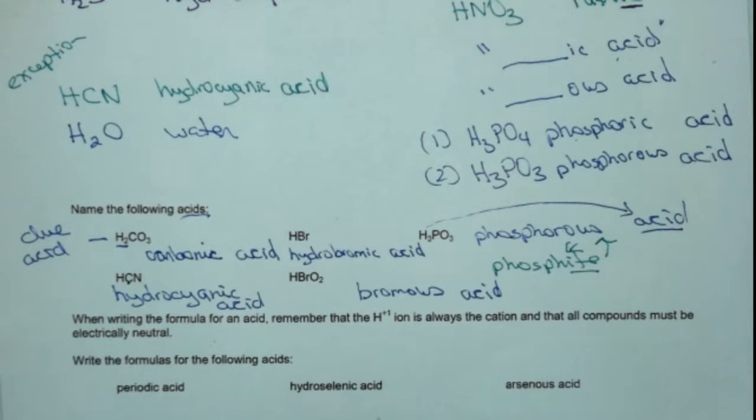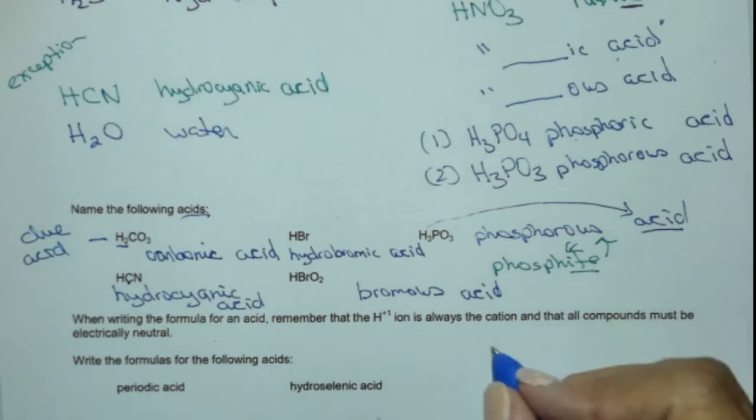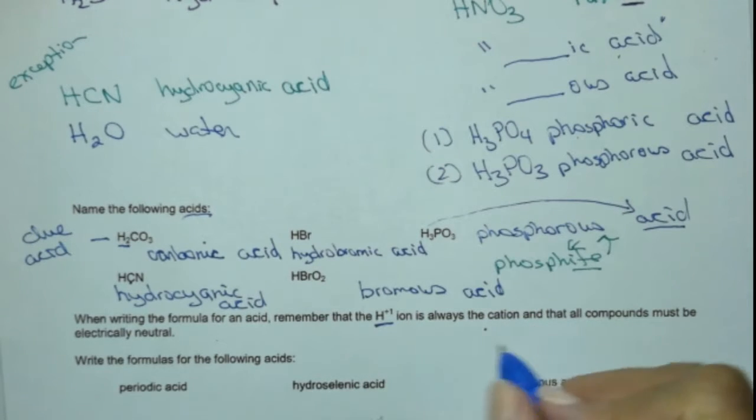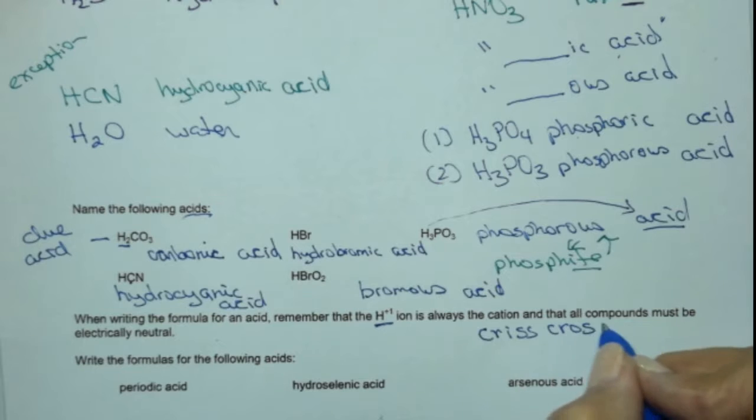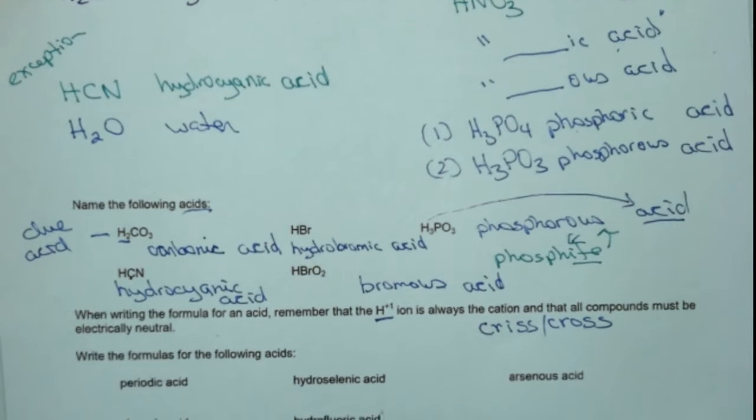Okay. Now, we have to be able to also go from chemical names for an acid to the actual chemical formula. And remember, acids start with H. And in this we also use, because these are ions, we use crisscross in the formation of these compounds.